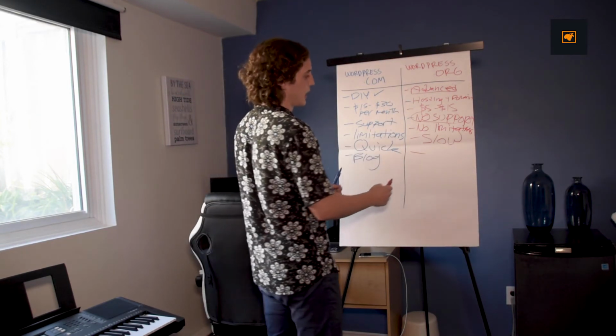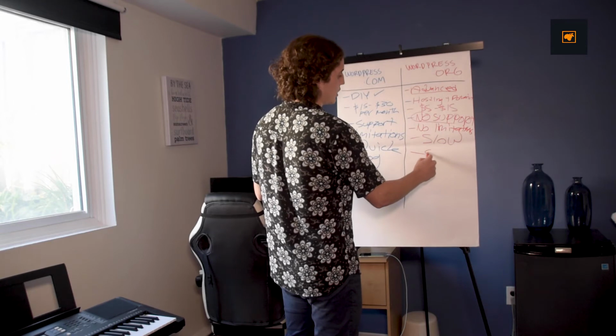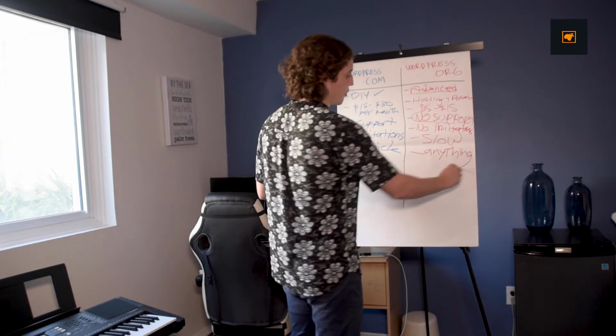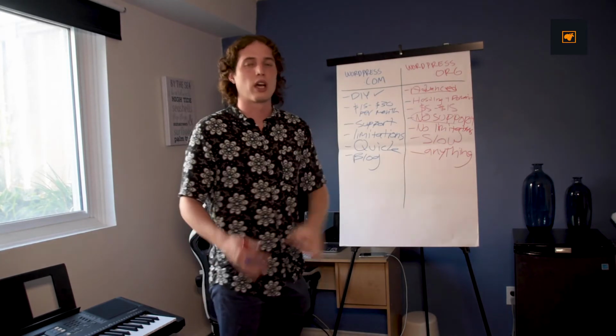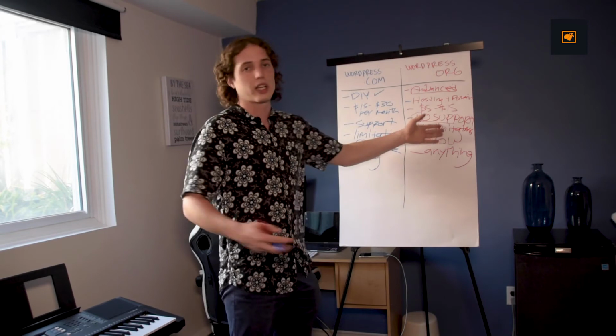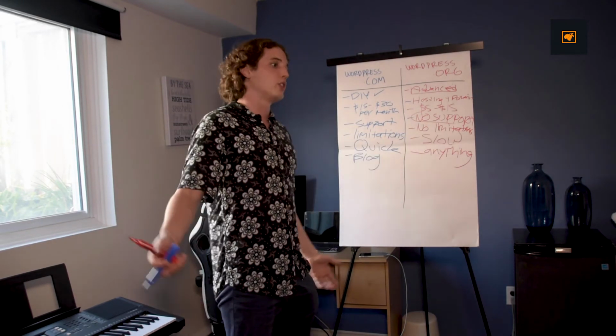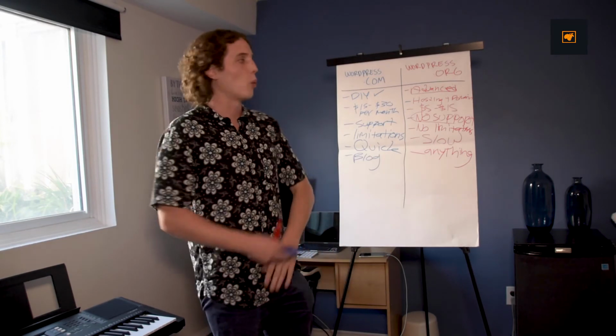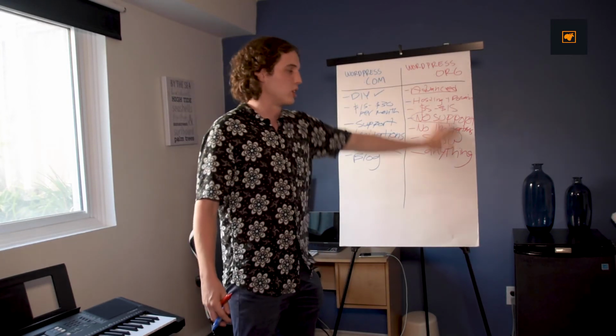Over on the .org side, this is for just about anything you can think of. It really does allow you to customize just about everything and anything. You could create a construction website all the way to an office cleaning website, to a therapy clinic website, whatever. It can be done on WordPress.org.